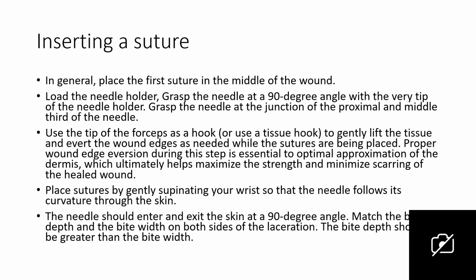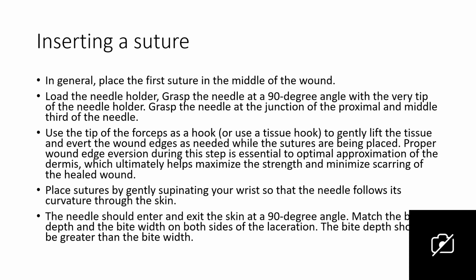Inserting a suture: in general, place the first suture in the middle of the wound. Load the needle holder, grasping the needle at a 90 degree angle with the very tip of the needle holder. Grasp the needle at the junction of the proximal and middle third of the needle.